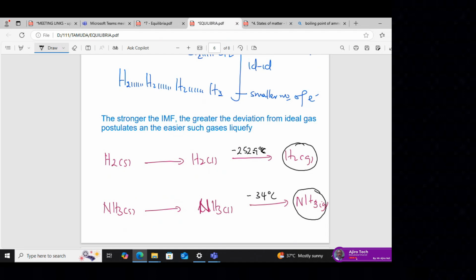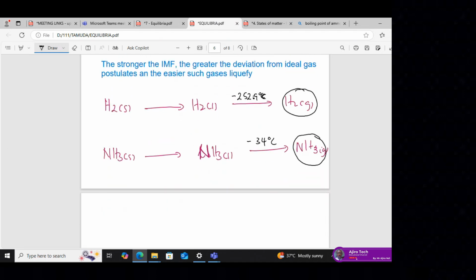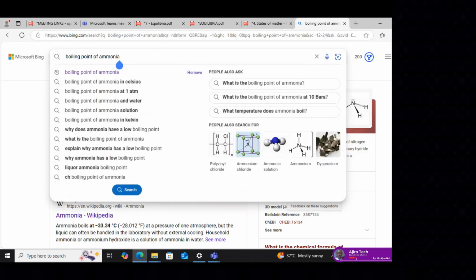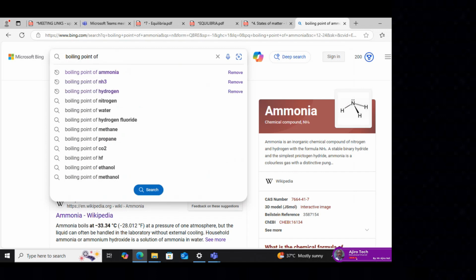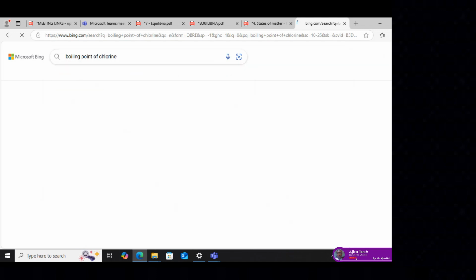Now, to make my point, let's do chlorine. You see that chlorine will be intermediate between both of them. Chlorine solid, chlorine liquid, then chlorine gas. Let's see the boiling point of chlorine. It should be lower than ammonia, but not as low as hydrogen.